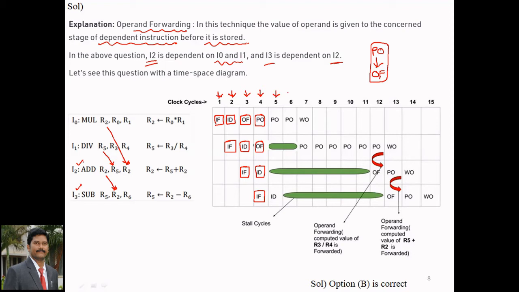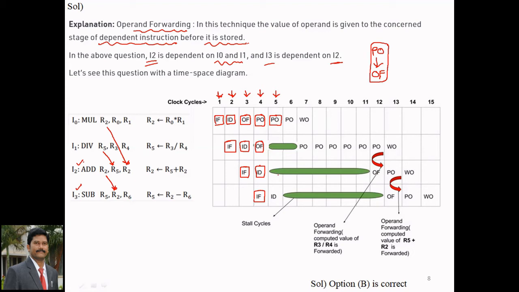Next clock cycle, what happens? The PO stays continuous, because the multiplication instruction will take 3 clock cycles to execute the PO operation. But at the same time, the PO of the division instruction will not start, because PO is already busy, so there is a stall here.